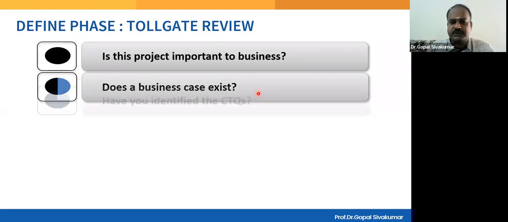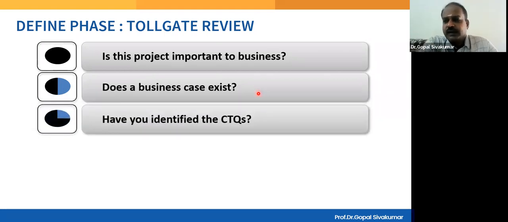And the third important question that should get answered is, have you identified the CTQs? CTQs are nothing but the critical quality characteristics. CTQ stands for critical to quality characteristics. That means the pain metric that you are trying to solve is understood clearly in the form of a CTQ.